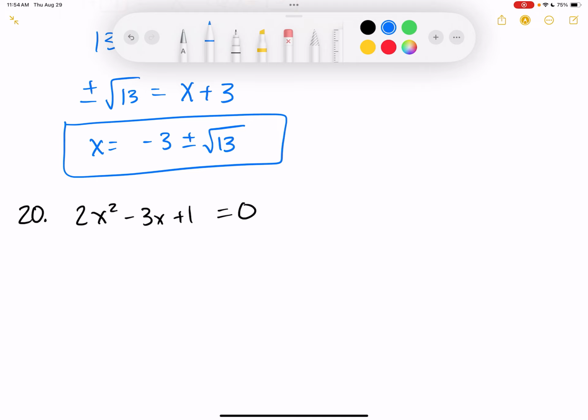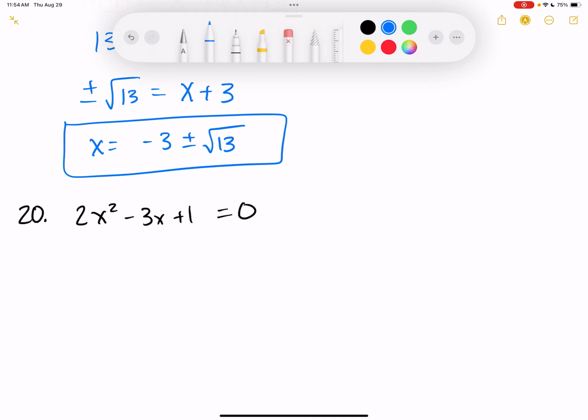What is my quadratic formula? X equals... I mean, yes, it's x equals, but I'm not writing that part, just the formula itself.